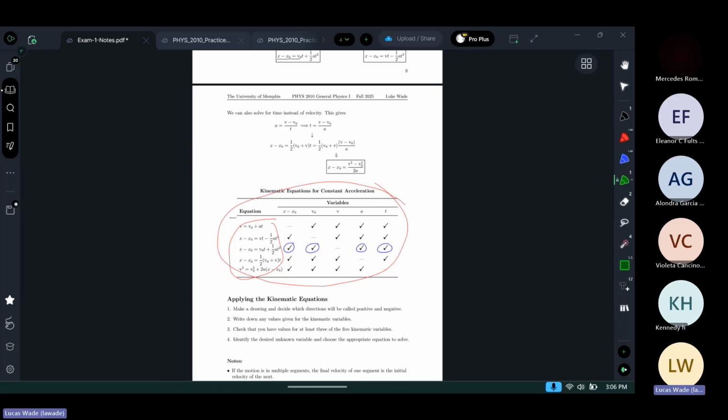I'm looking at some emails I've gotten. So this first email says, what specific terms do I need to review for the exam? I don't really test on terms, so I'm not going to ask what is free fall or what is projectile motion. It's more about applying ideas, and that's what makes it difficult compared to probably some of the other courses you've had to take, like anatomy might, I don't know if you've had to take that, but it requires lots of memorization.